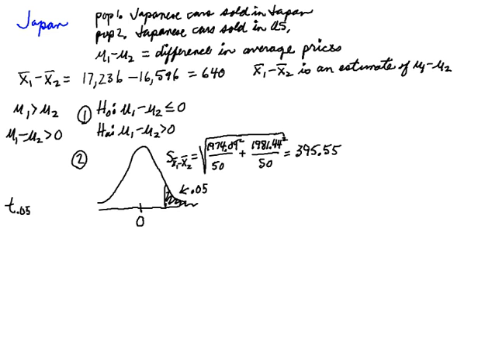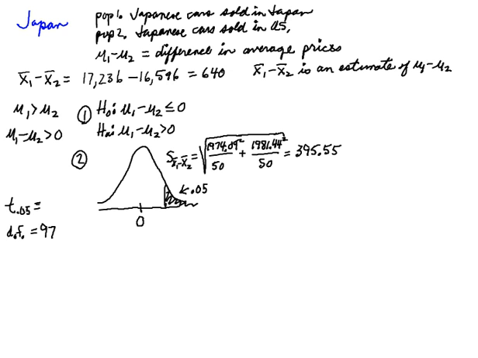Now, different than the confidence interval, I'm not splitting that, so I've got alpha 0.05, and my degrees of freedom was calculated with the degree of freedom formula when I was doing the confidence intervals, and we know that was 97.